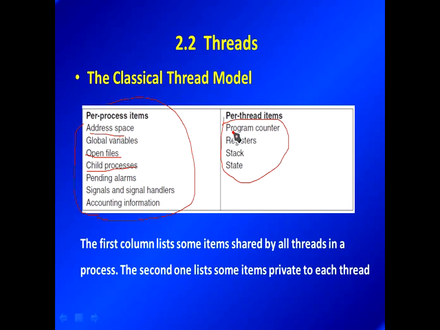Because if we recall the example about Word, the thread responsible for the inputting, for the typing, has to record that the next instruction is 1000, and the thread responsible for the outputting, for the backup, for the saving, maybe the number in the program counter register is 100.